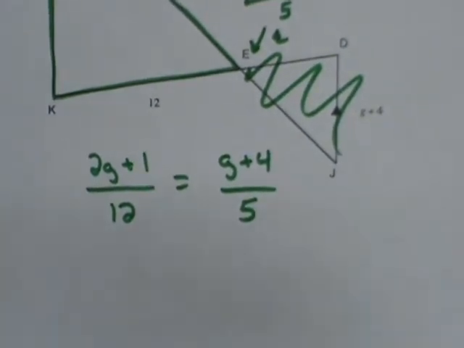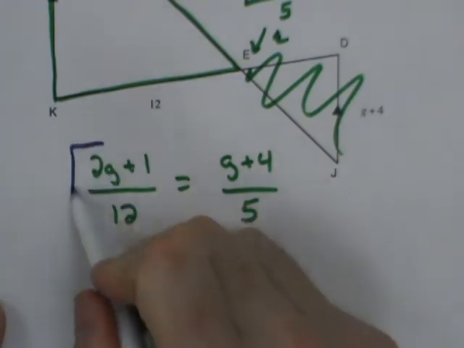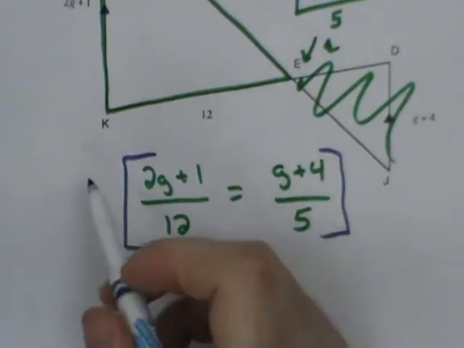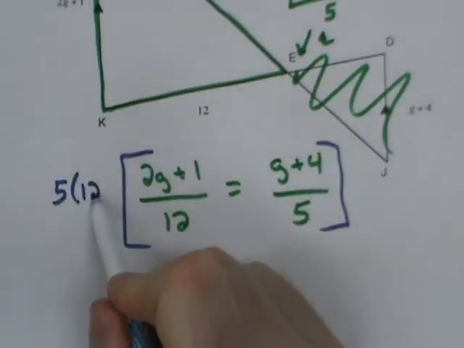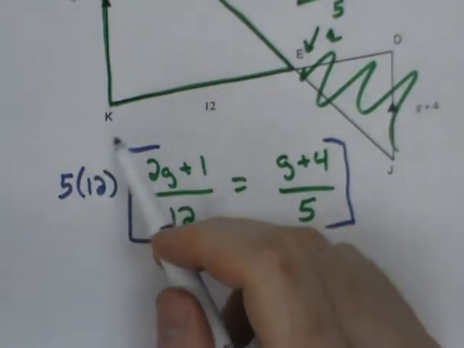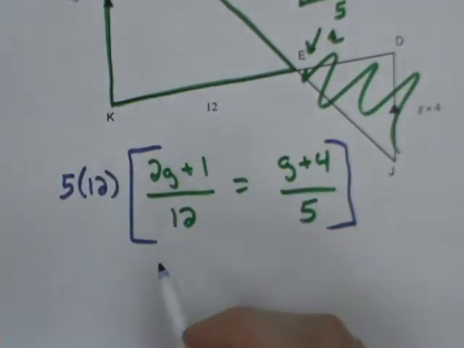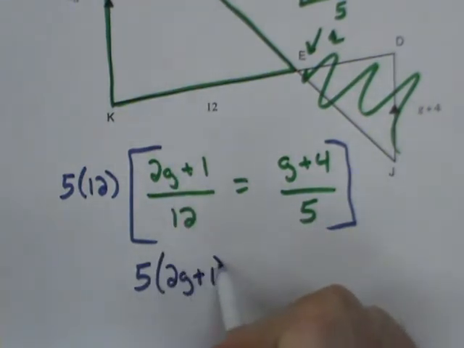Now as I try to solve a proportion like that, I'll multiply by the common denominator, which is 5 and 12. I distribute to this first fraction, the 12s drop out, and I'm left with 5 times 2g plus 1.